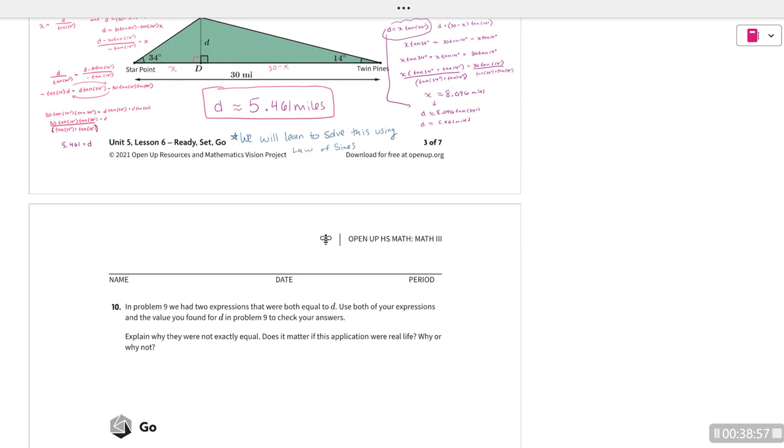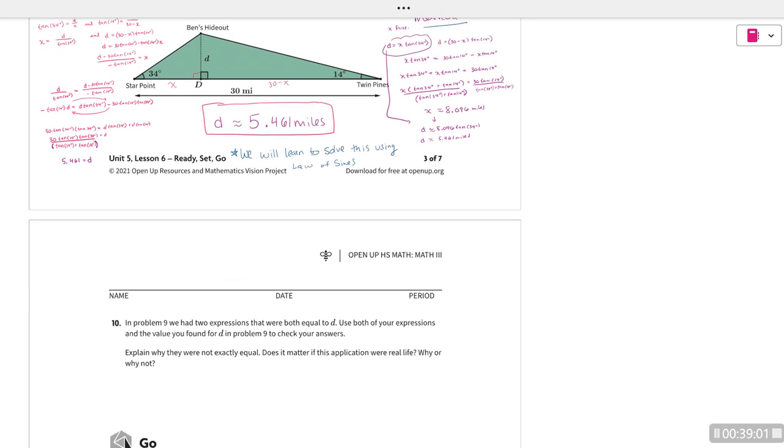So basically it's saying let's use tan of 14 degrees equals d over 30 minus x instead. Now it's referring to if we did it this way. So this question is kind of dependent on how we solved it. So for this one, really this is if you used method 2.